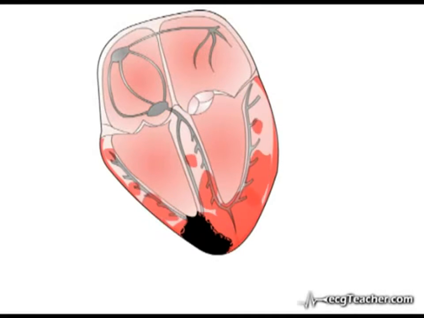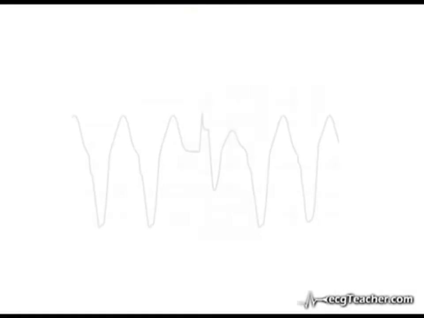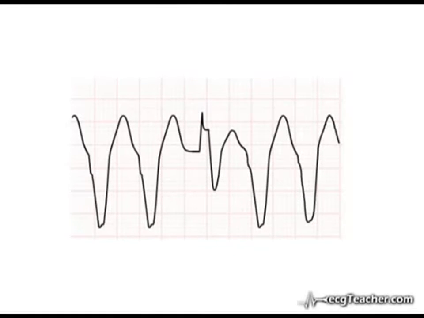The fusion QRS complex generated will demonstrate features of both sources of ventricular depolarization. To identify a fusion complex, we look for a QRS complex which differs in morphology from the surrounding complexes of the tachyarrhythmia, and which shares features of both the normal and broad QRS complexes.